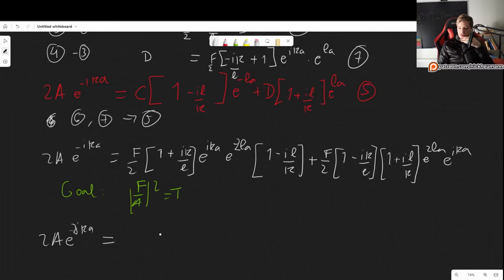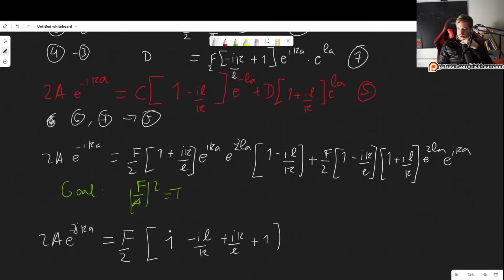Then we have F over 2 factor of. Now we have to multiply these 2 parentheses, so we get 1 minus IL over K plus IK over L, and then we have this times this, the minus becomes a plus, the K's cancel out, the L's cancel out, and we get plus 1.